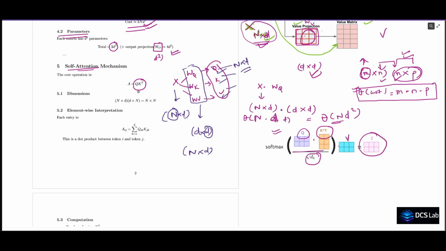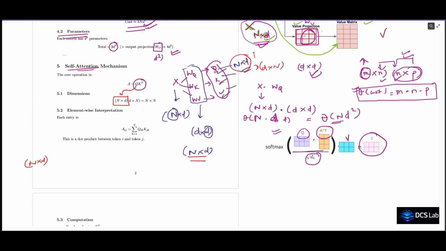So you see here, I'll change the ink. Q has a dimension n cross d that we saw here. And K transpose is nothing but the transpose of this n cross d. So n cross d was the dimension of K. If you transpose this, it will convert to d cross n.